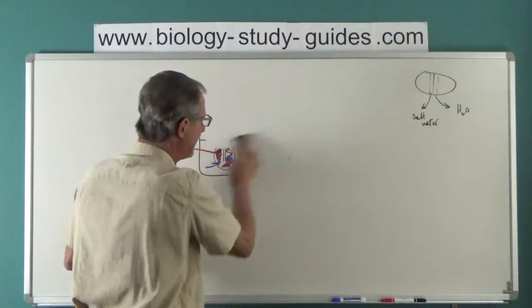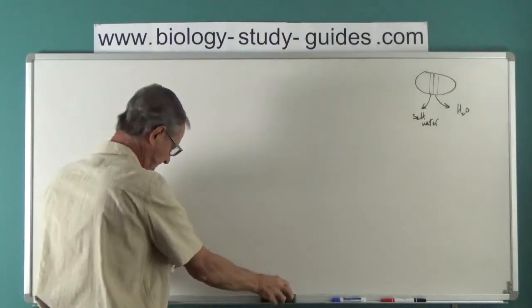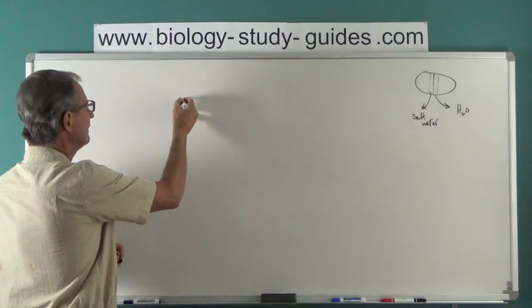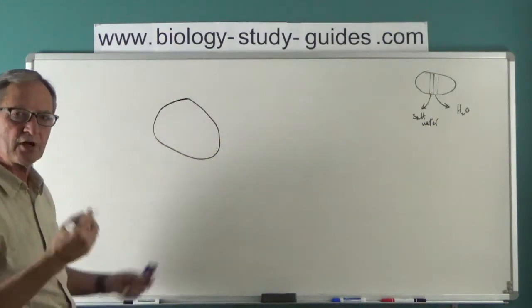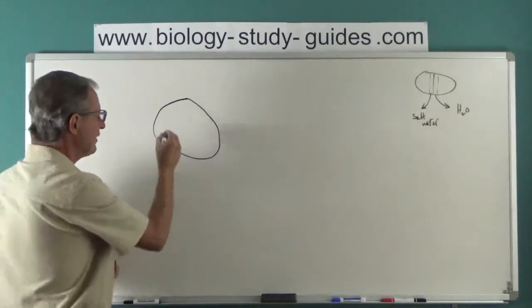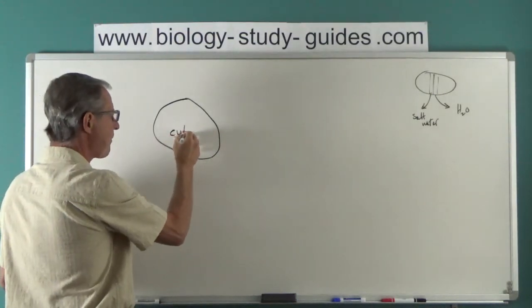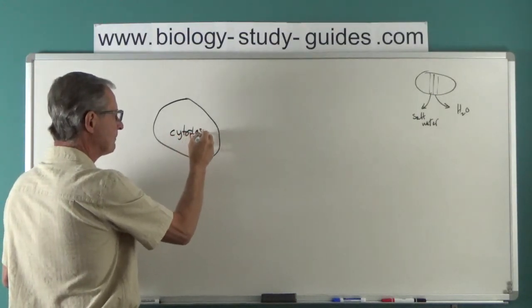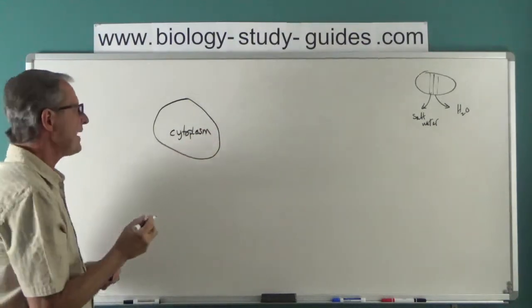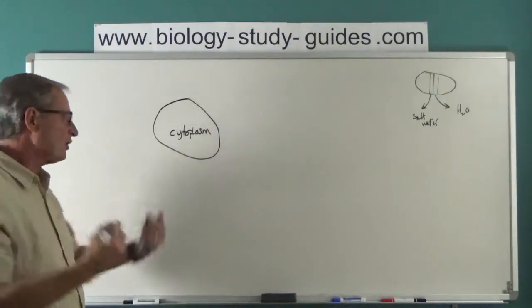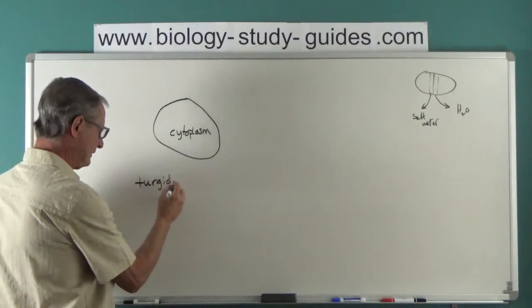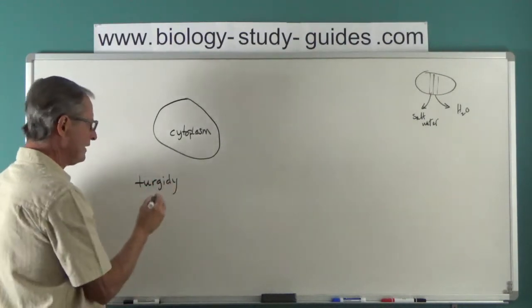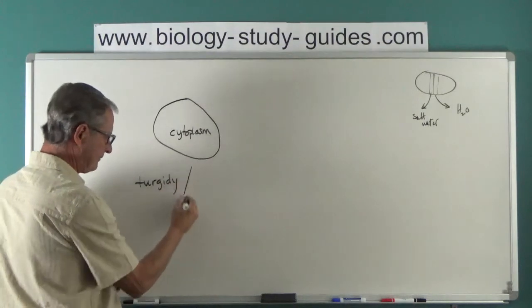Just take an animal cell, like this. I won't draw the nucleus and all the organelles and that sort of stuff, but here's the cytoplasm in here. The cytoplasm has a certain, what we call turgidity, or turgor pressure.